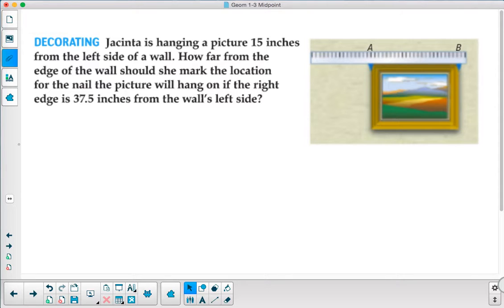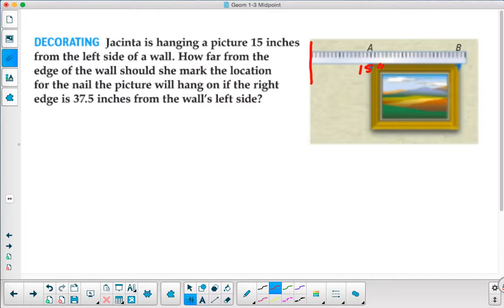Here's another story. Read through what it says, and then I'll pick up with you and lead you to the answer. So marking some information on the diagram, it says the picture is 15 inches from the wall. So here's the wall. A is at 15 inches.